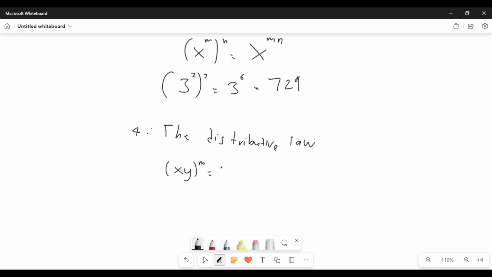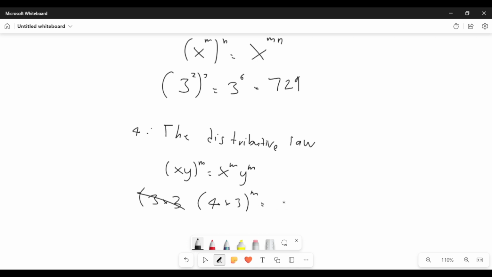So it will equal x to the power of m, and then we will also have y to the power of m. The example: let's take 4 multiplied with 3 in brackets raised to the power of 2.